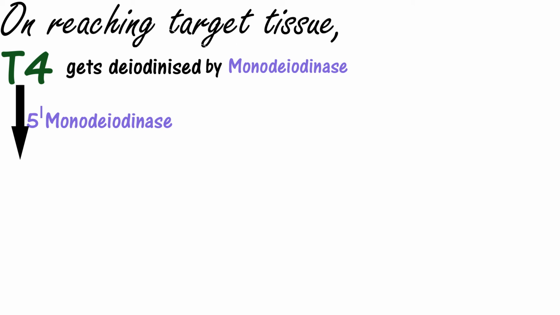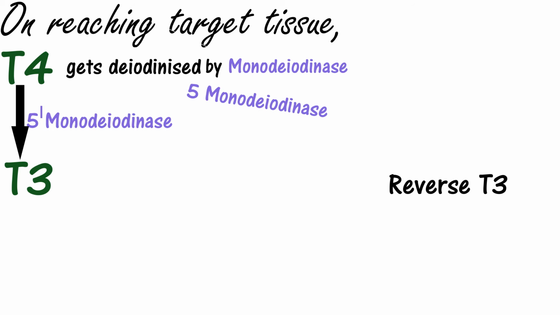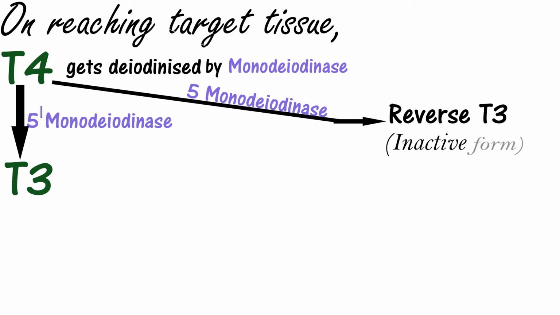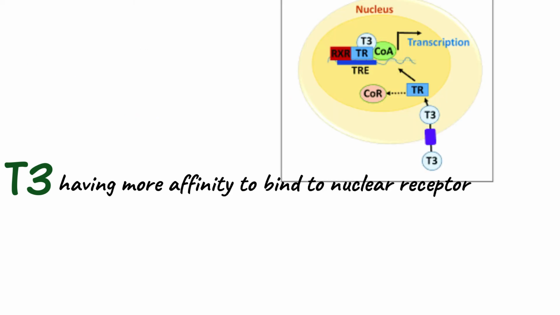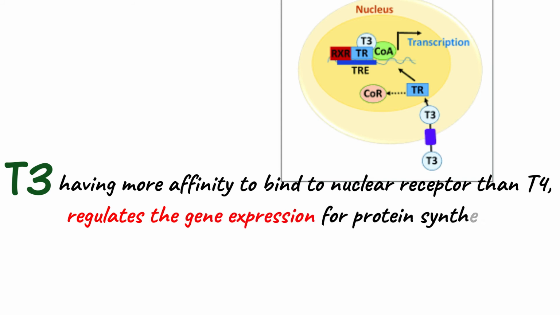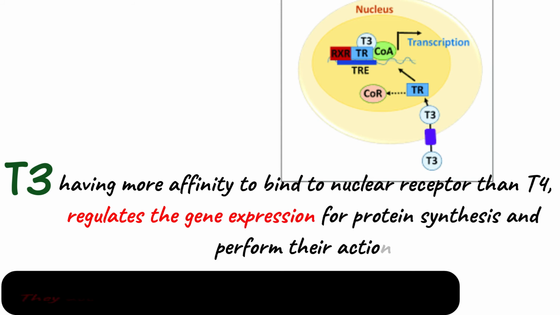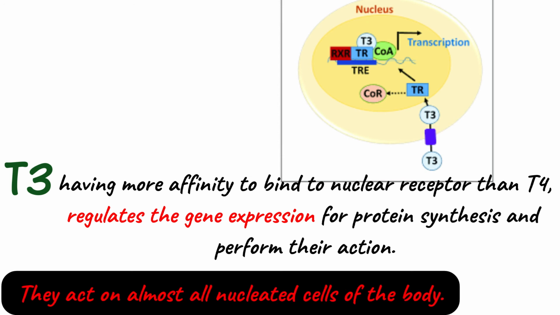On reaching the target tissue, T4 gets deiodinated by monodeiodinase. 5' monodeiodinase produces T3, while 5 monodeiodinase produces reverse T3, which is the inactive form. T3, having more affinity to bind to the nuclear receptors than T4, regulates the gene expression for protein synthesis and performs its action. They act on almost all the nucleated cells of our body.